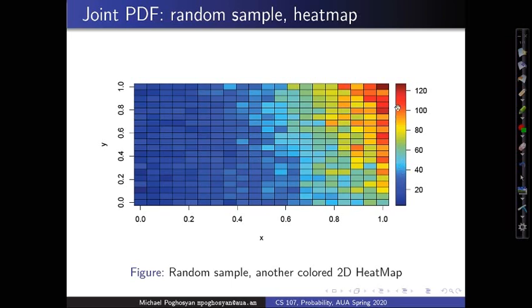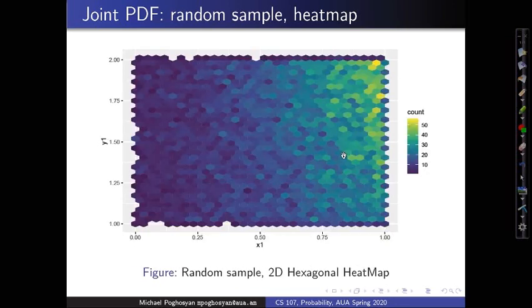Blue is cold, so not so many points, and red is a high temperature, so high heat. So many points are here. So this is showing some kind of dynamics, how many points we have in different regions.